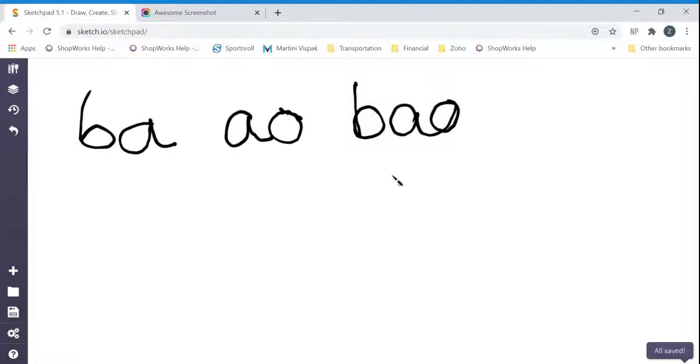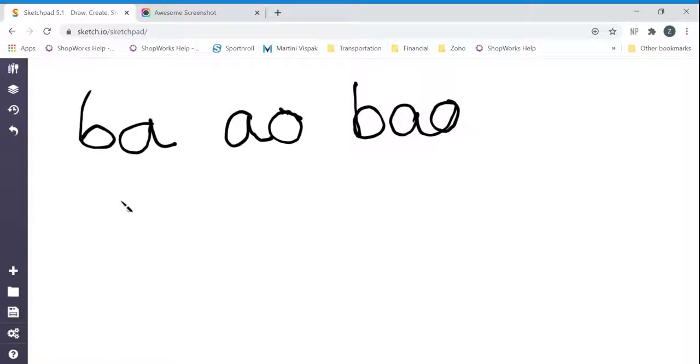So together, an initial and a final, they pronounce like bao. So that's what is called initial, like b, and what is called final, ah or ow. And all together, they pronounce together like ba or bao.